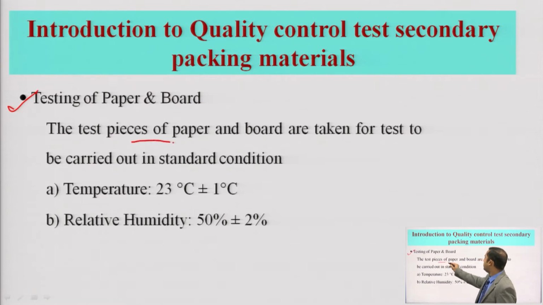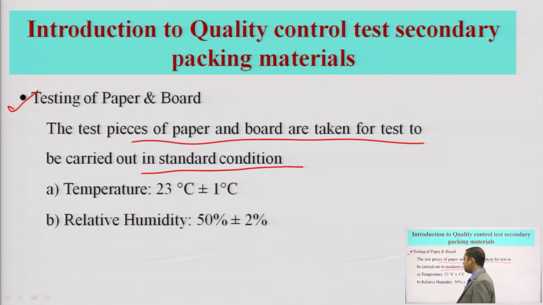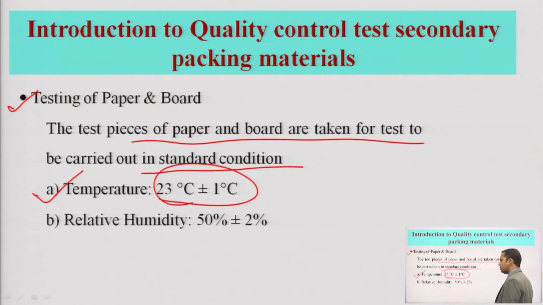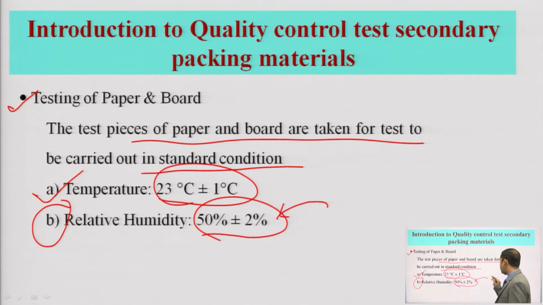The test pieces of the paper and boards are taken for the test to be carried out in the standard condition. What is the standard condition? The temperature is 25 degrees centigrade plus or minus 1 degree centigrade, and the relative humidity is 50 plus or minus 2 percent. You see, we always express relative humidity in terms of percent.